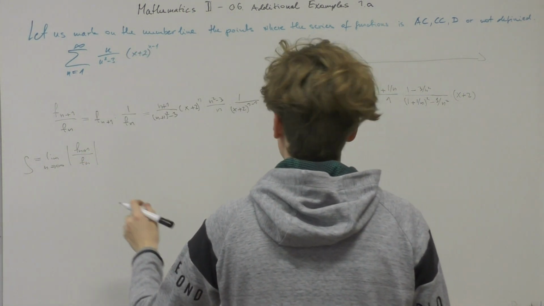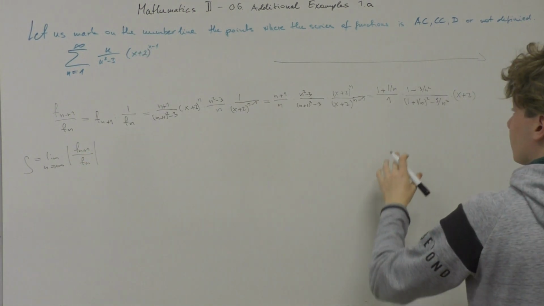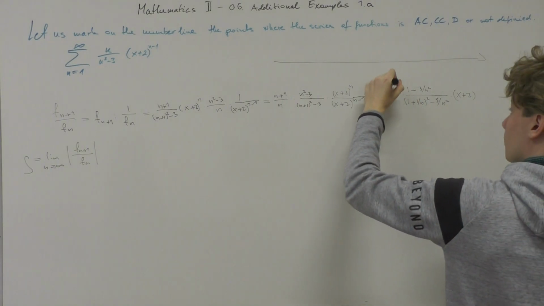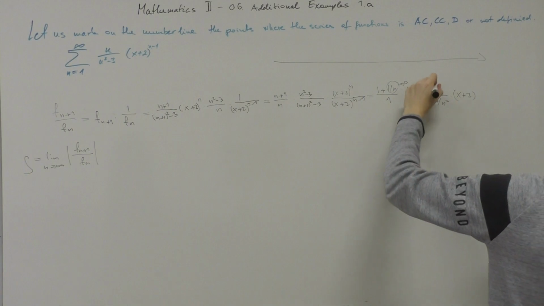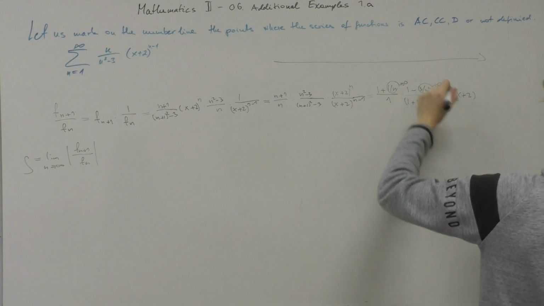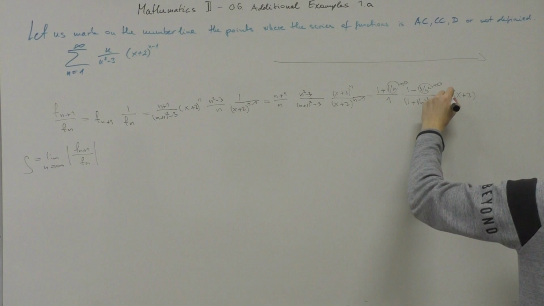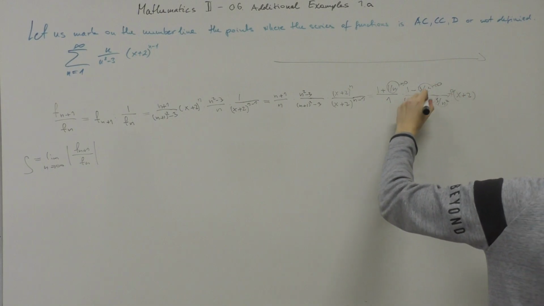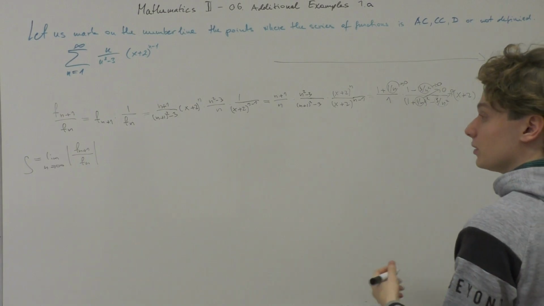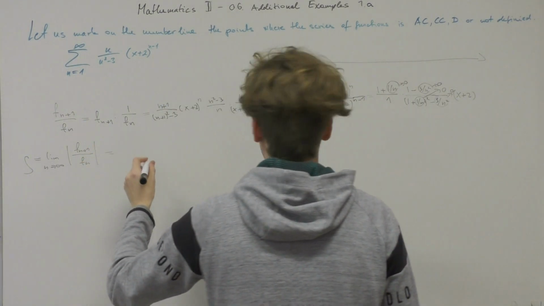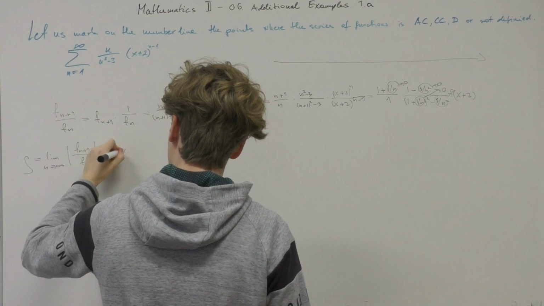And to see this limit, we have that n goes to infinity, so 1 over n goes to 0, 3 over n squared also goes to 0, and here 3 over n squared also goes to 0, and here 1 over n goes to 0. Therefore, this limit is the absolute value of x plus 2.